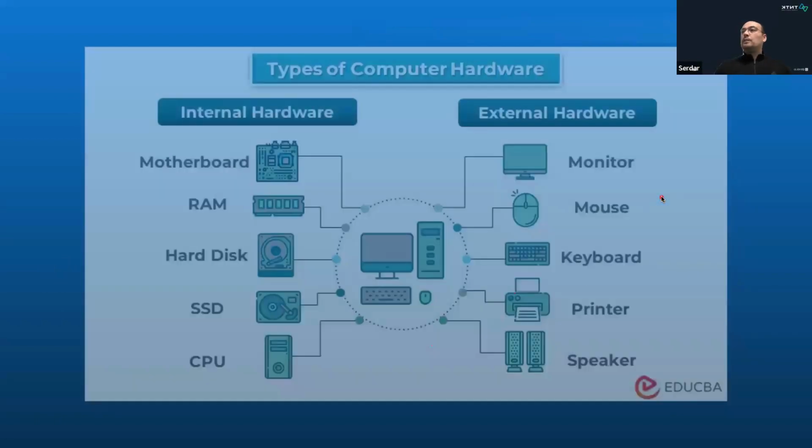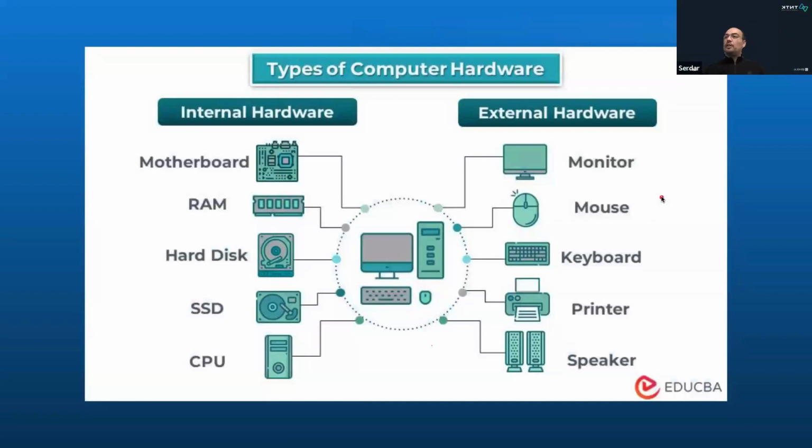So if we switch to this picture here, I'll be talking about all of these components right now, and then I will show you the actual pictures of how they look, and we will deep dive maybe into some of them. Like you all already mentioned, there's a motherboard here.